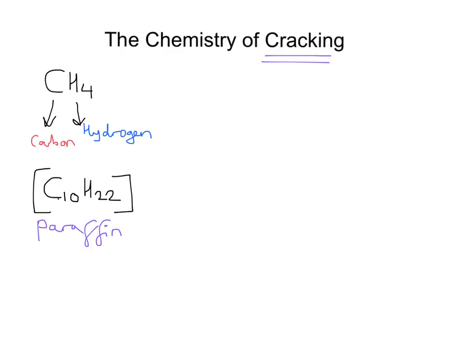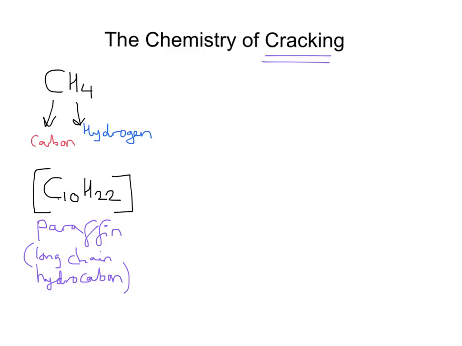Now, paraffin is a long chain hydrocarbon. That's what we're calling this. Now, whilst useful, we could get something more useful from that. Paraffin usually has about 10 carbon atoms in, but we have too much of this in crude oil already.